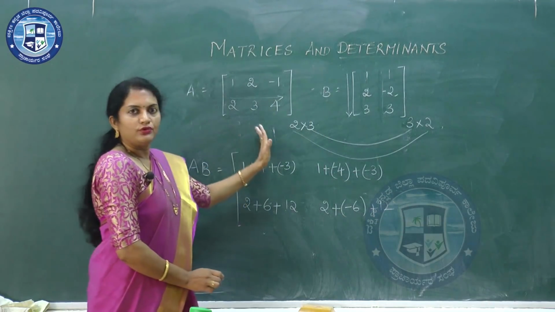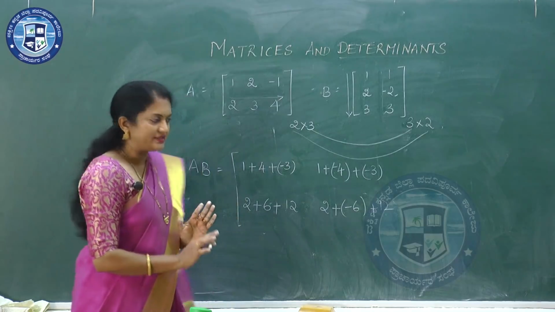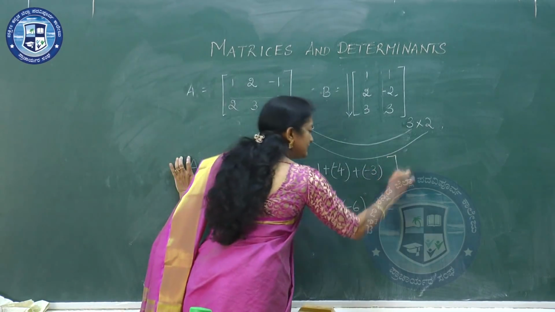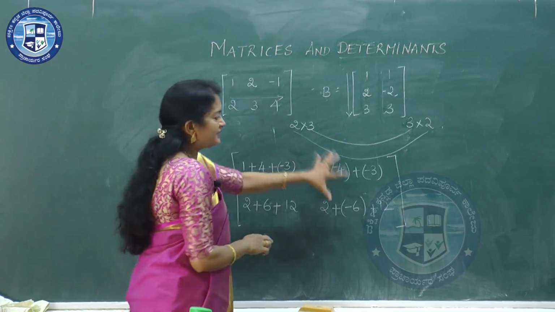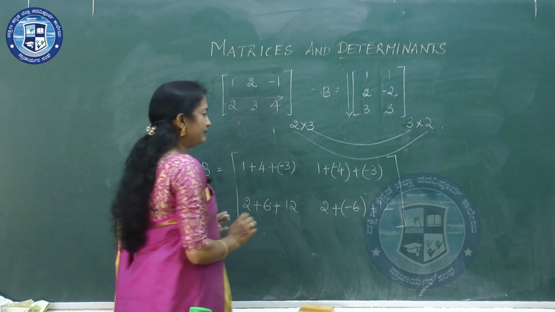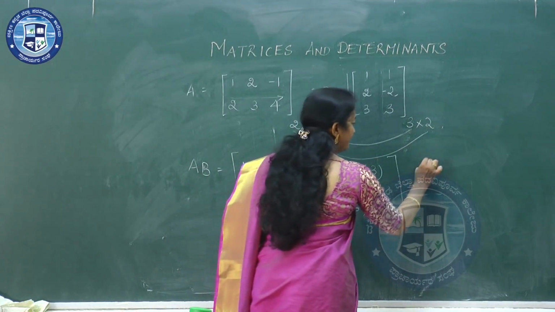Now all the rows and columns multiplication is done. So these are all the elements of the product matrix AB.